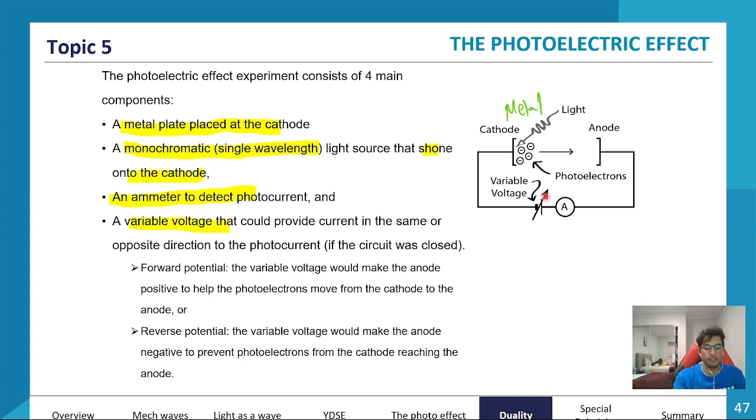Forward potential is essentially when the current is working and the light is actually creating current. So the forward potential would work in this direction, so the electrons are going from cathode to anode, as they should be doing. The reverse potential is the opposite. So the reverse potential travels in this direction. And this is controlled by this variable voltage. And I'll show you why that's important.